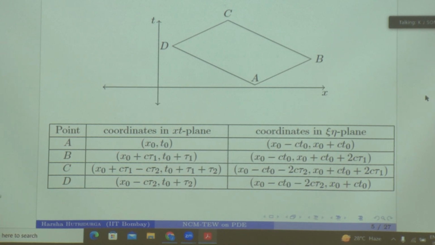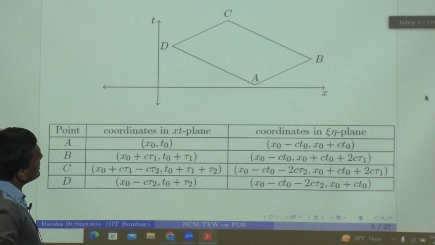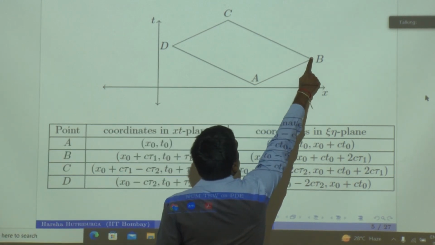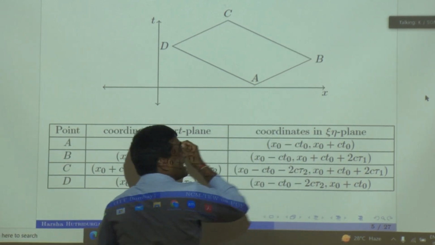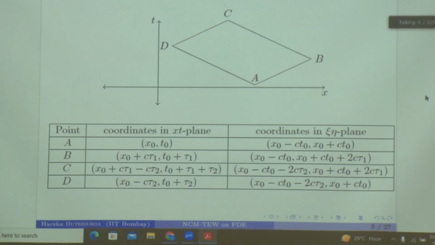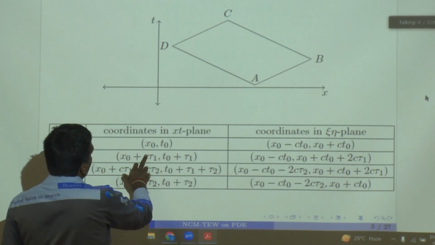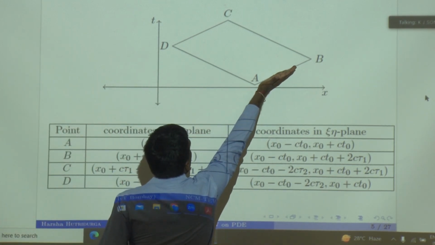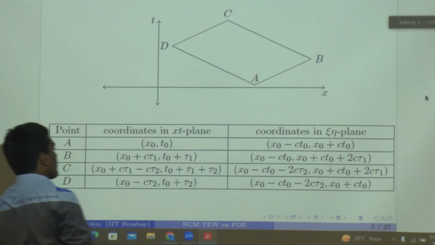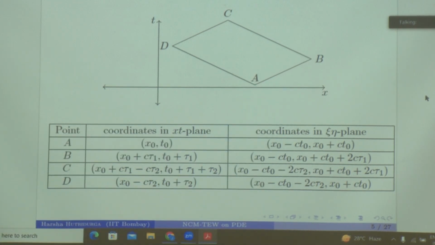So that's the coordinate of this x coordinate here if you have got a slope c here. And for the moment you just think of this as a line with slope c and you are taking that. And then you start at this point and then you introduce two more points here.